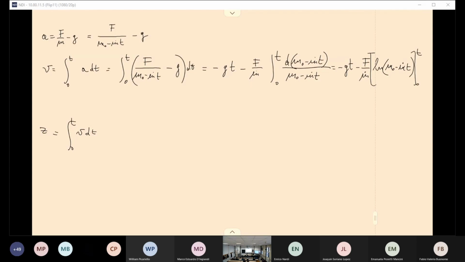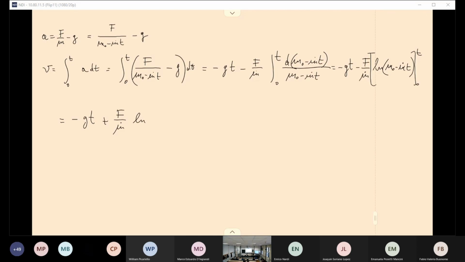Okay. You agree with this here? And so let's move this. So at the end, we can get an expression of velocity as a function of time during the thrusted phase. That will be minus gt plus F over m dot that multiplies logarithm, and then we can evaluate this at initial and final time.